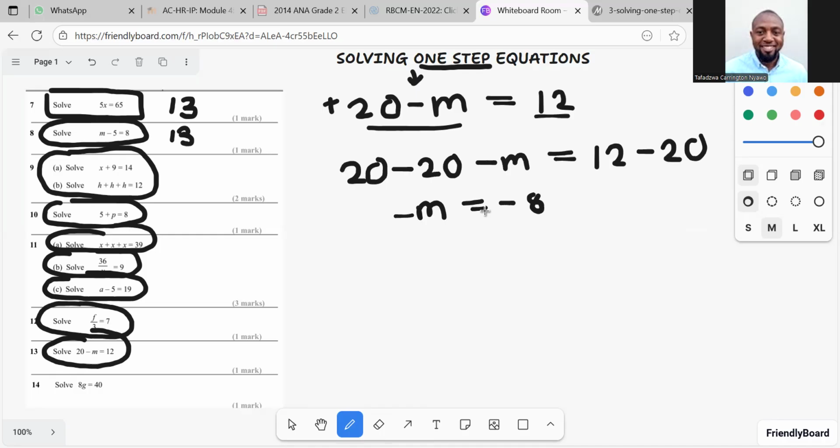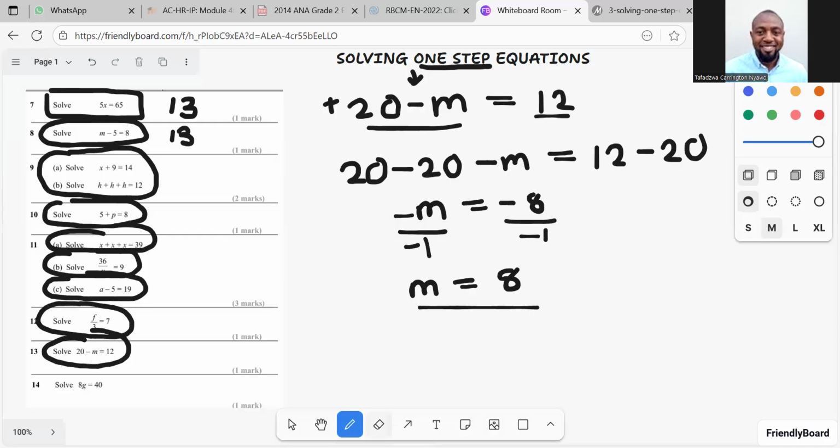So I have to divide here by -1, of course, and also here by -1. Now you understand why we are dividing by -1, so that m is equal to +8. So I still got the same answer. You can see that, right?